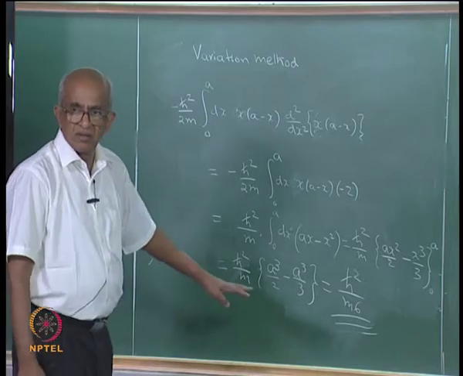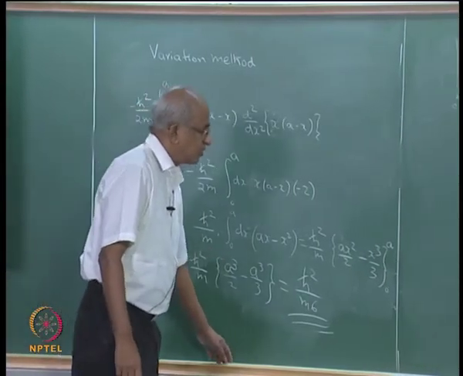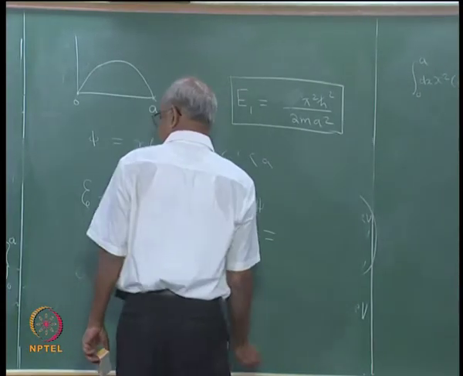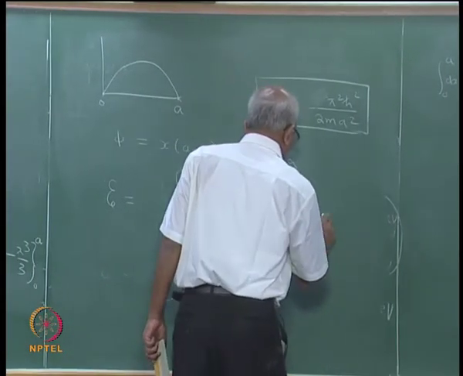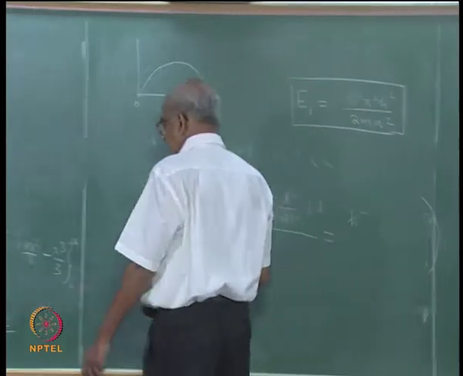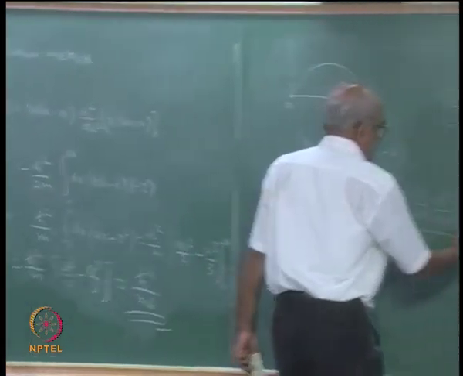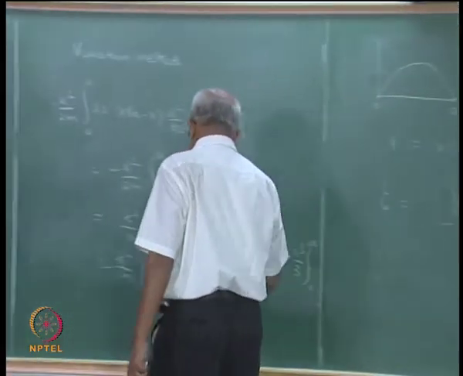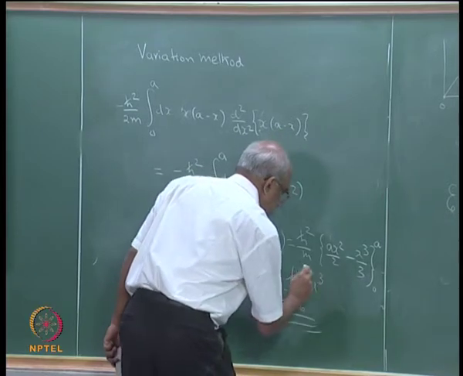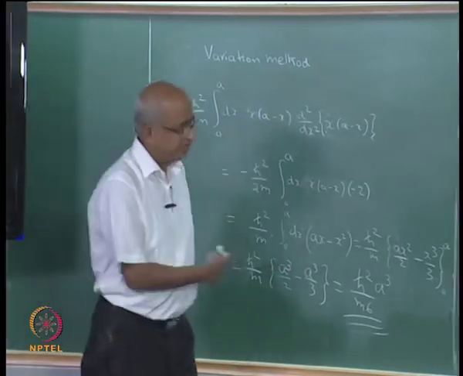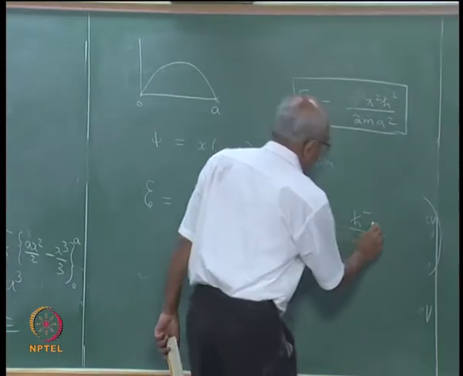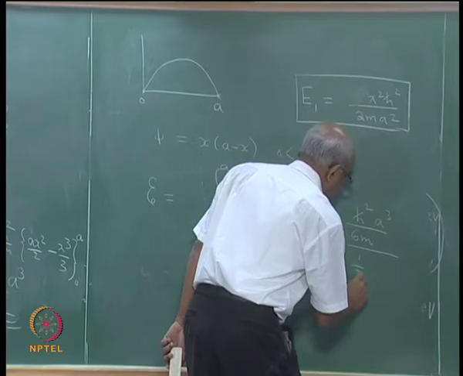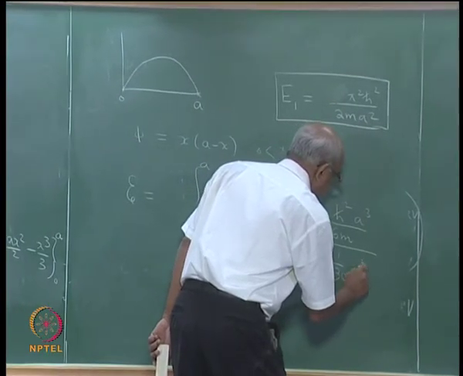Right. This is the final answer. Therefore, what has happened is script E will be equal to, tell me if there is any mistake, h cross square divided by 6m, an a cube is missing, as it always happens with me. So, a cube divided by 1 by 30 a to the power of 5.